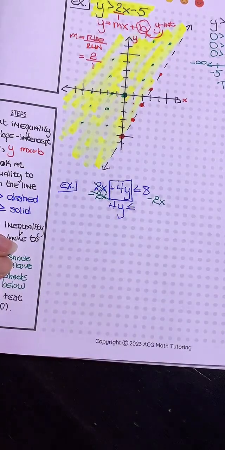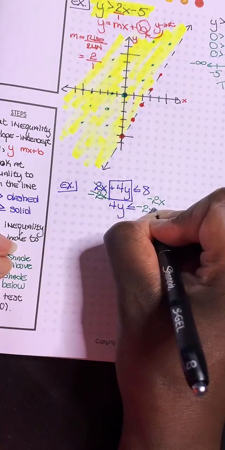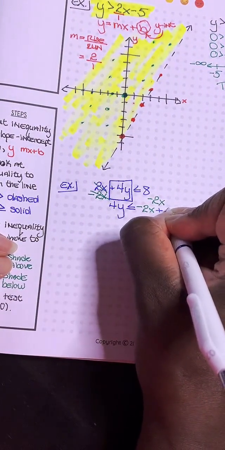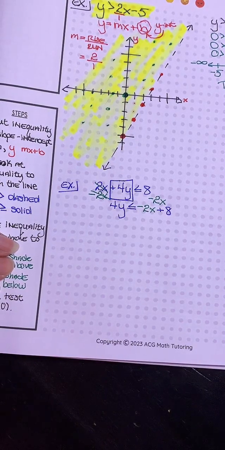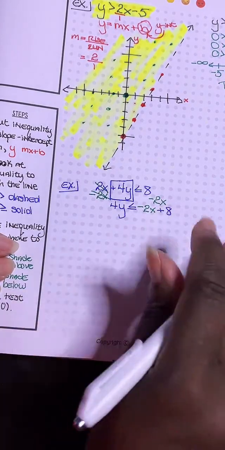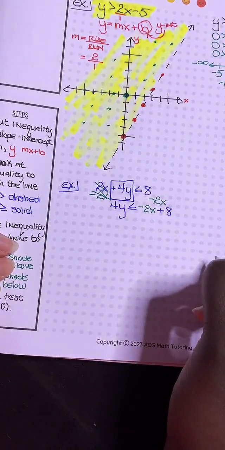So we're just going to put the negative 2x here, and then bring down the positive 8. If you said 8 minus 2x, that's fine as well. I'm just trying to keep it in slope-intercept form so it won't confuse people. But if you know that your negative 2 has the potential of being your slope, you can do that.